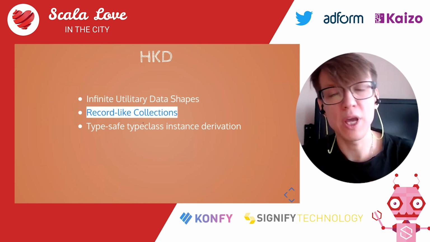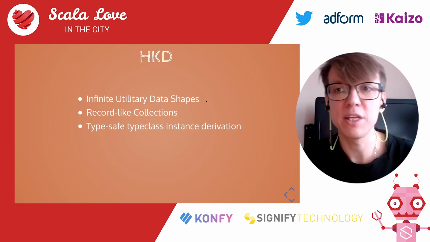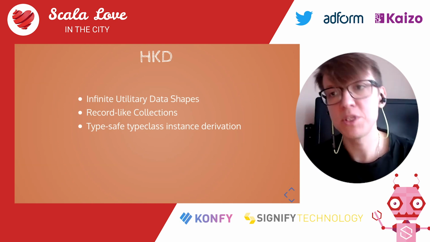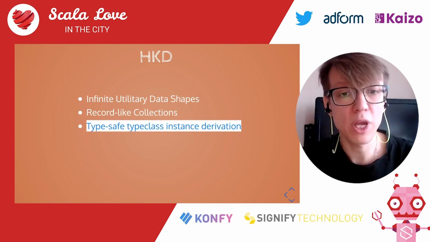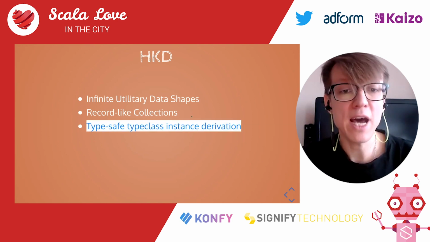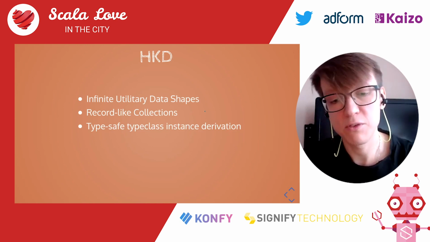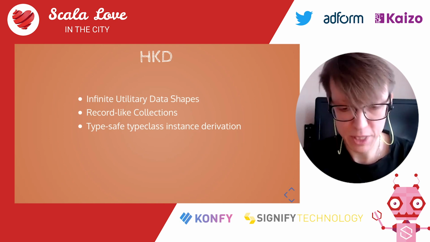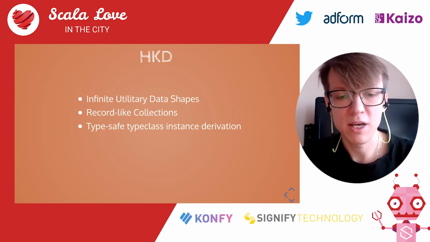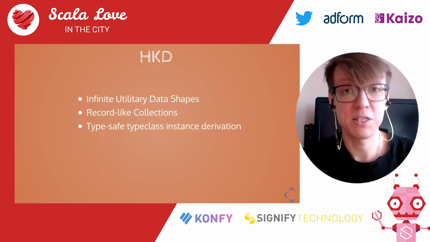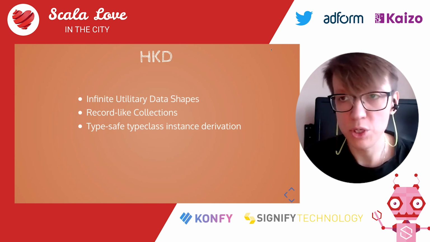So also you can understand record-like collections, like indexed collections that are indexed both with types and names of your fields. And you can have nice type class instance derivation for different higher-kinded data types without any funny macros, using just very small and simple code snippets that we showed before.